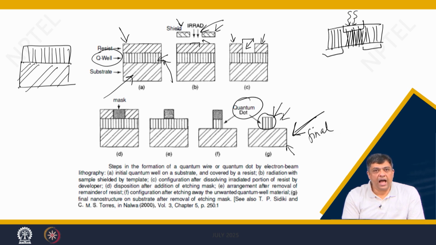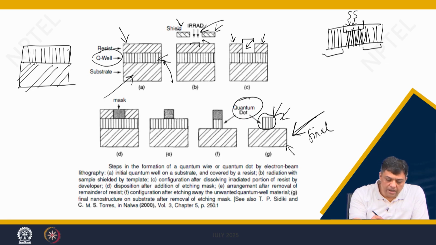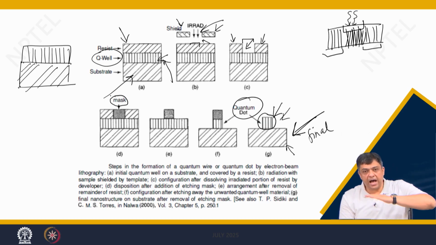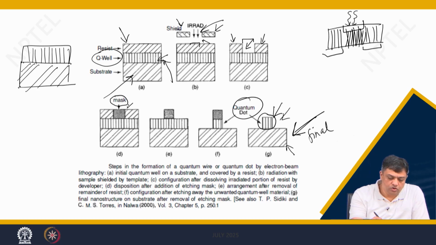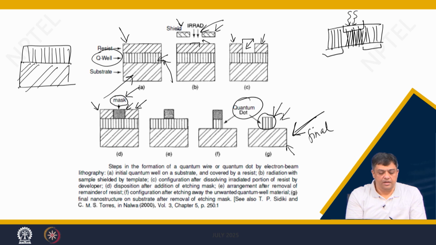Now, what you do? Then you have the system where you add a mask. So, you use a mask and put it in the gap which was becoming available to you. Now, you have a system which is photoresist, mask and photoresist.